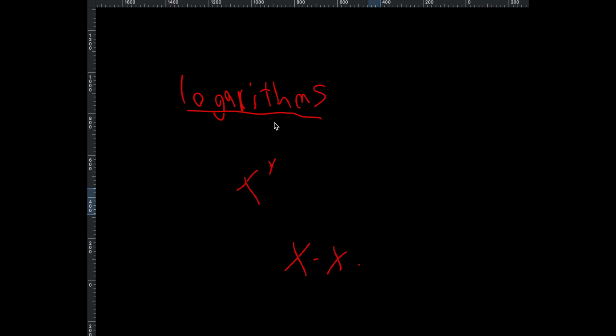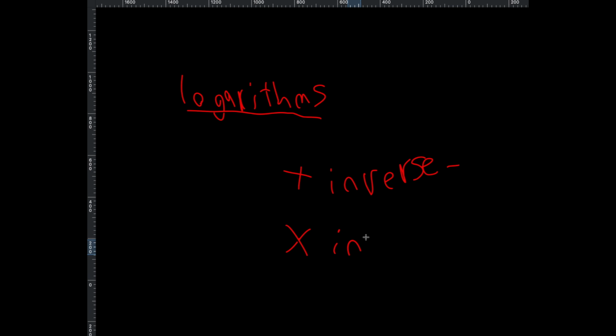Every function has its inverse. Like addition, its inverse would be subtraction. Multiplication, or sometimes it's just referred to as a dot, its inverse would be division.